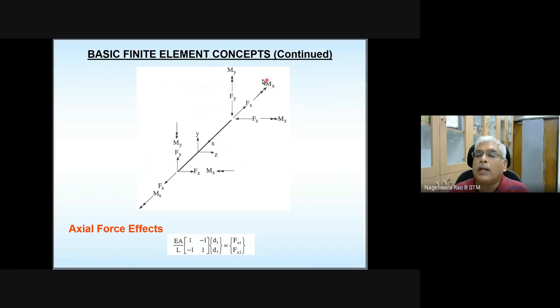Double-headed arrow is shown for moments. The meaning of this double-headed arrow is moment, but to get a feel for the way it is acting, you need to use right-hand thumb rule with thumb pointing in the direction in which Fx is acting. Similarly, thumb pointing in the direction Fz is acting for Mz, and thumb pointing Fy for My. Okay.